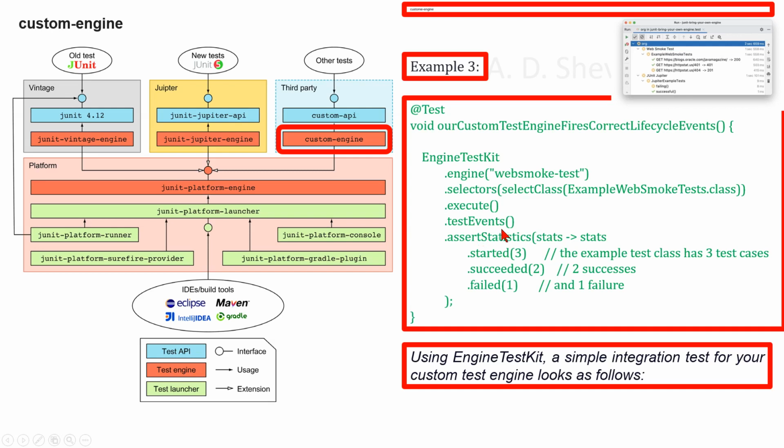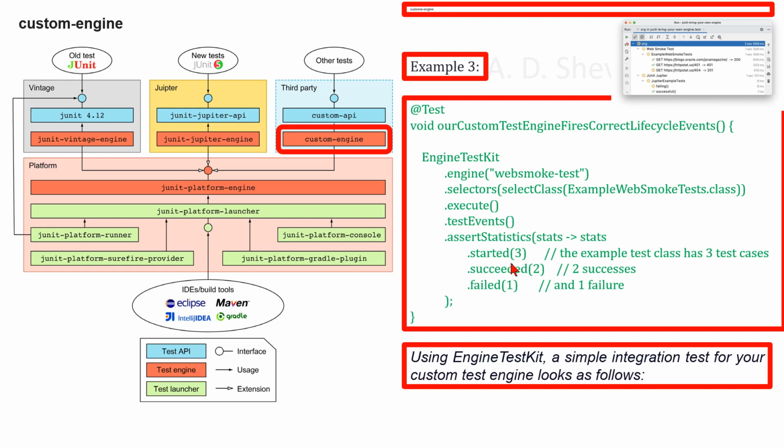In this context, the word test applies to test descriptors that return true from the TestDescriptor.isTest method. Then assert statistics for the events contained in this events object.